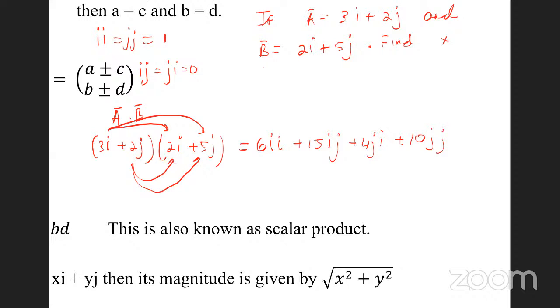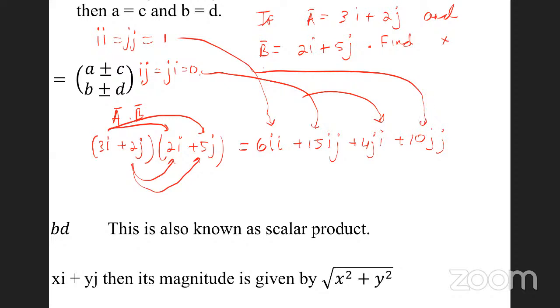Remember, as I said a little while ago, ij and ji is 0. And then ii and jj, that's 1. So technically, we're multiplying 6 by 1 plus 15 by 0 plus 4 by 0 plus 10 by 1.